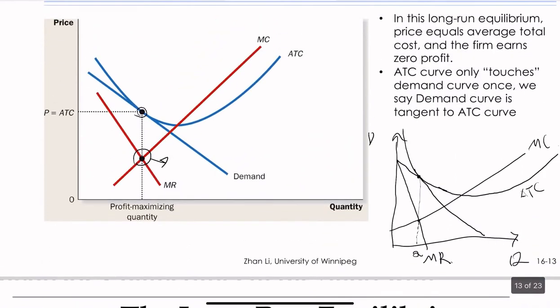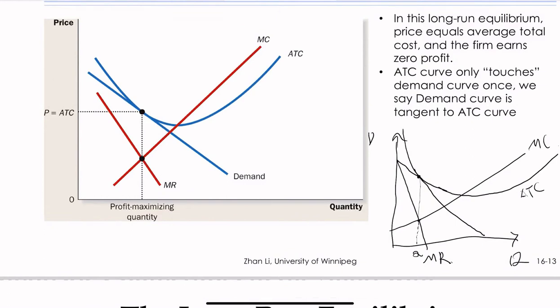So you can see that this picture of the long-run equilibrium is really a combination of both the monopoly market and the competitive market, right? To be more specific, this point is about monopoly. And this point is about the competitive market.